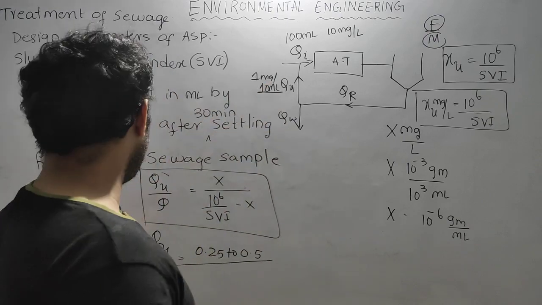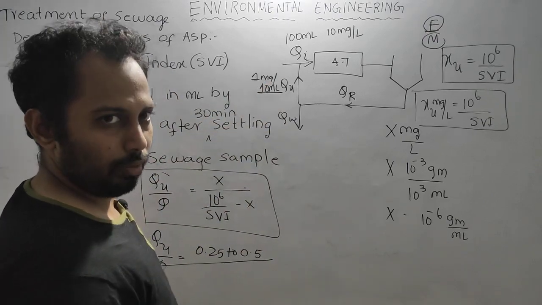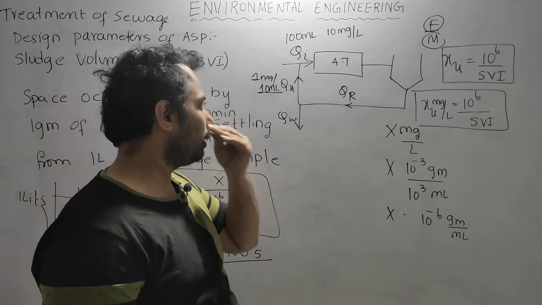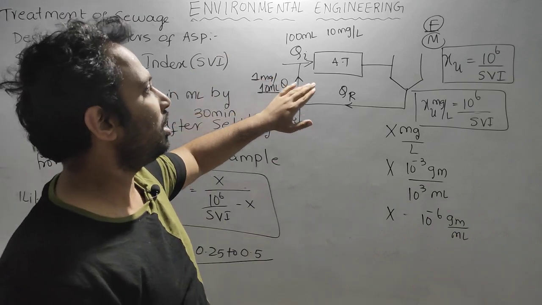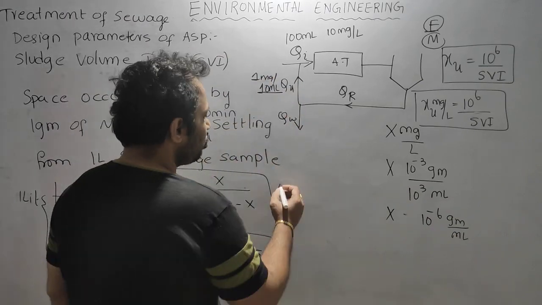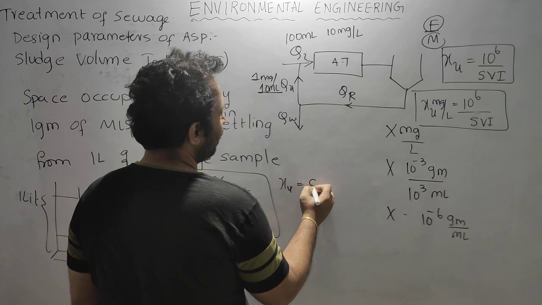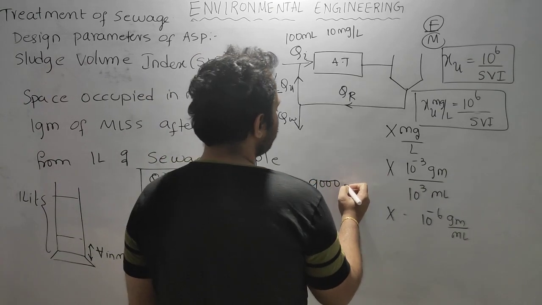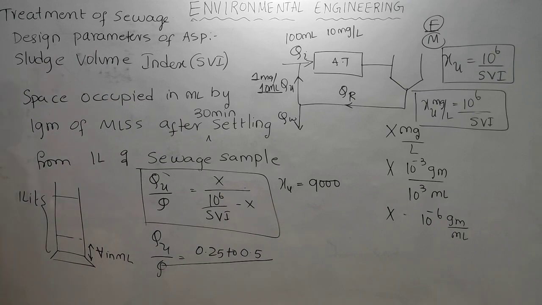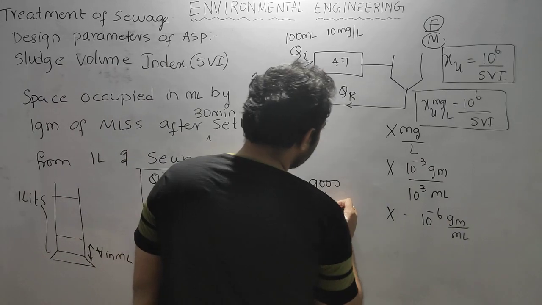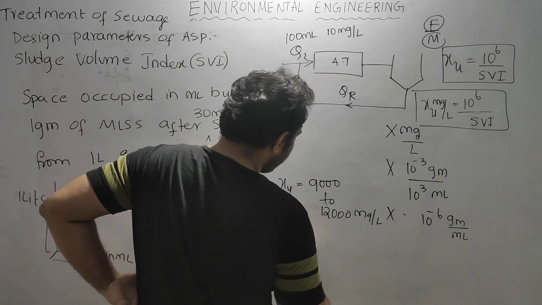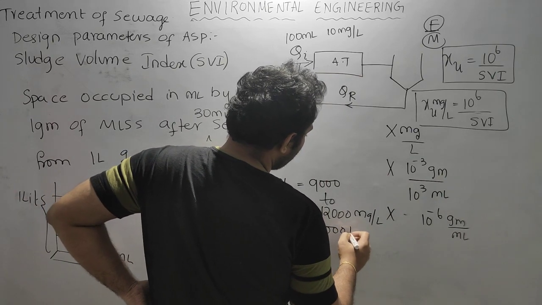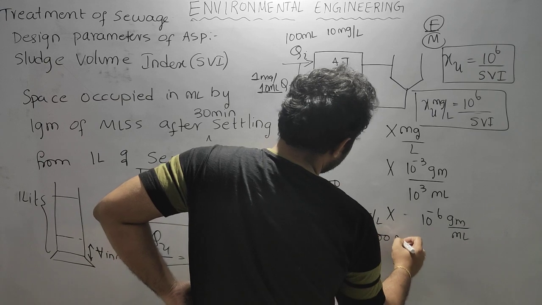If you compare with an equal amount of sewage, then they may be equal. So whatever we have done here is with this sludge volume index. But in reality, XU concentration will be more. Approximately, XU concentration ranges between 9,000 to 12,000 mg per liter, whereas X concentration varies between 1,000 to 2,000 mg per liter.